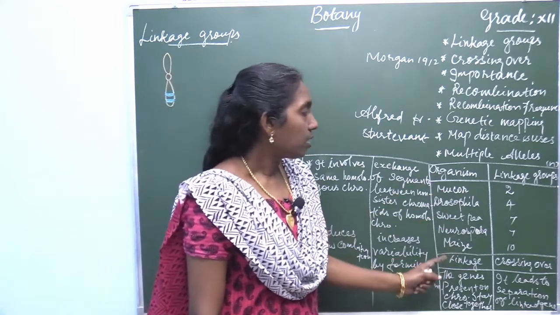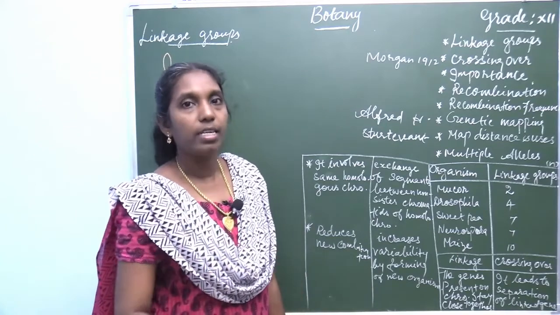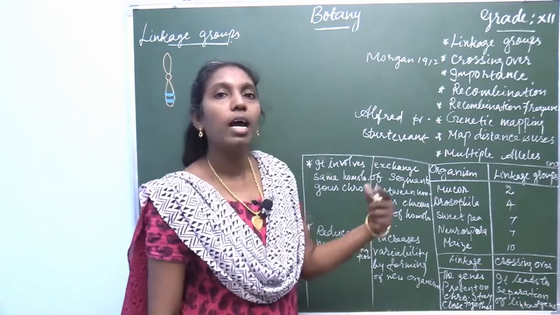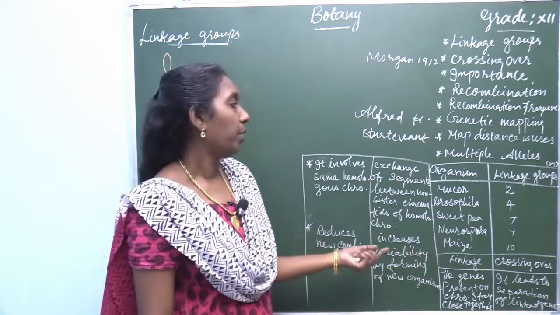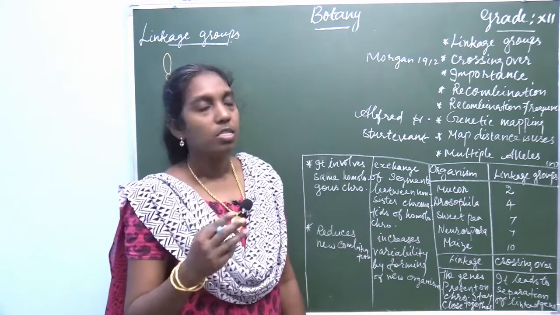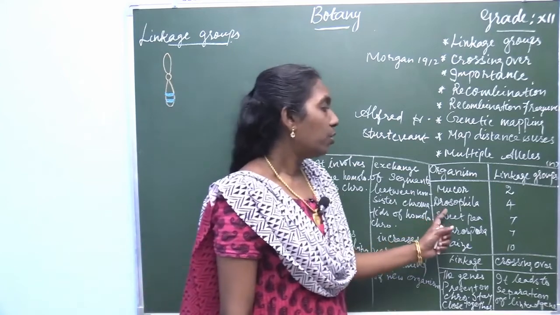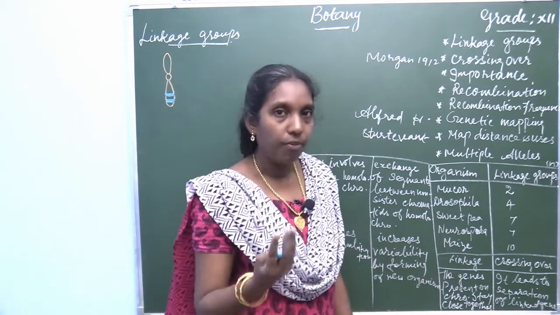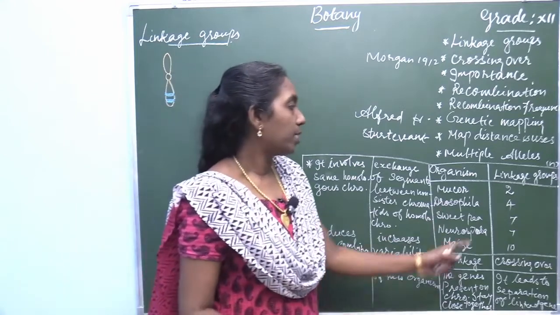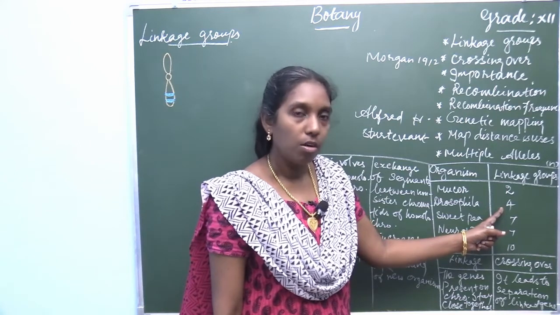In Mucor, the linkage groups are 2, so the haploid set of chromosomes is also 2. Likewise, Drosophila has 4 linkage groups, so the haploid set of chromosomes is also 4.